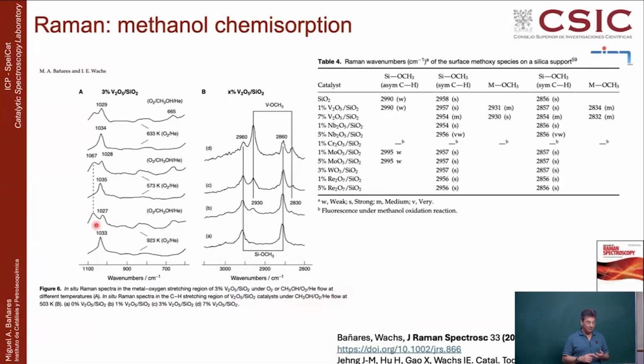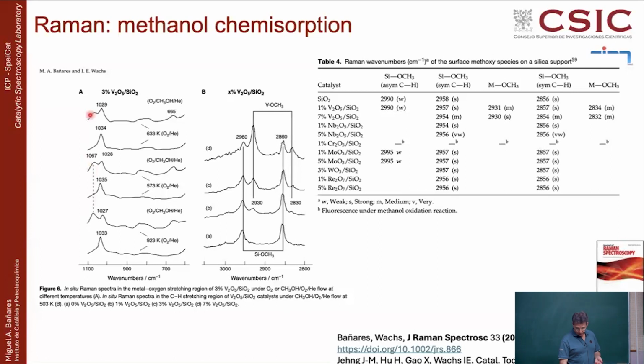In the end, you are having a bond between vanadium, oxygen, and carbon at 1060, which is apparent here. Of course, if you remove methanol and go back to only oxygen helium, that alkoxide group disappears. If you change temperature and flow methanol again, you get it again. If you remove methanol, it goes out, and if you feed methanol, it comes back again. This is happening constantly, continuously.